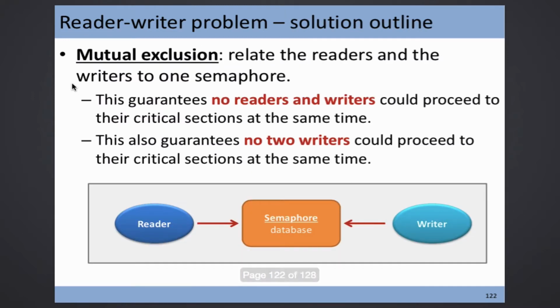So to visualize it, this database is just a mutually exclusive resource. So I will use a binary semaphore to create a condition such that it is mutually exclusive. Now, how about if I set up in this way? It's okay because I have only one reader and one writer.